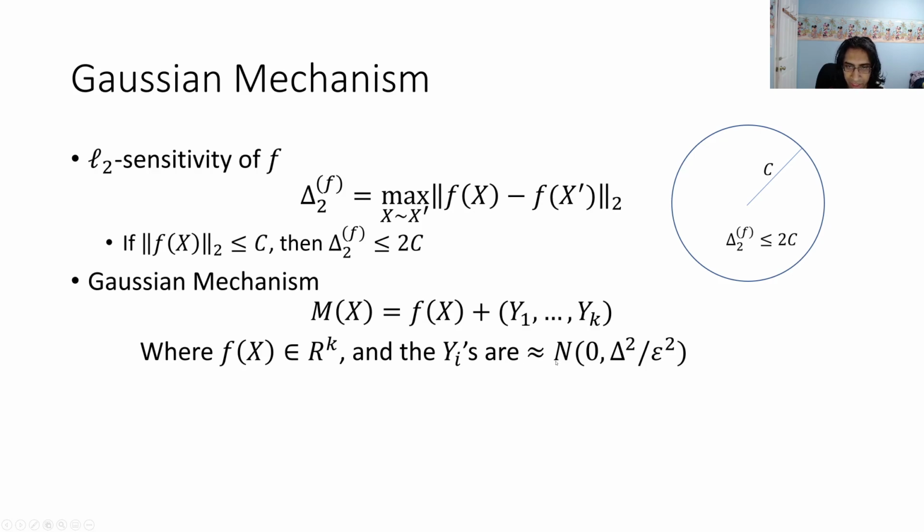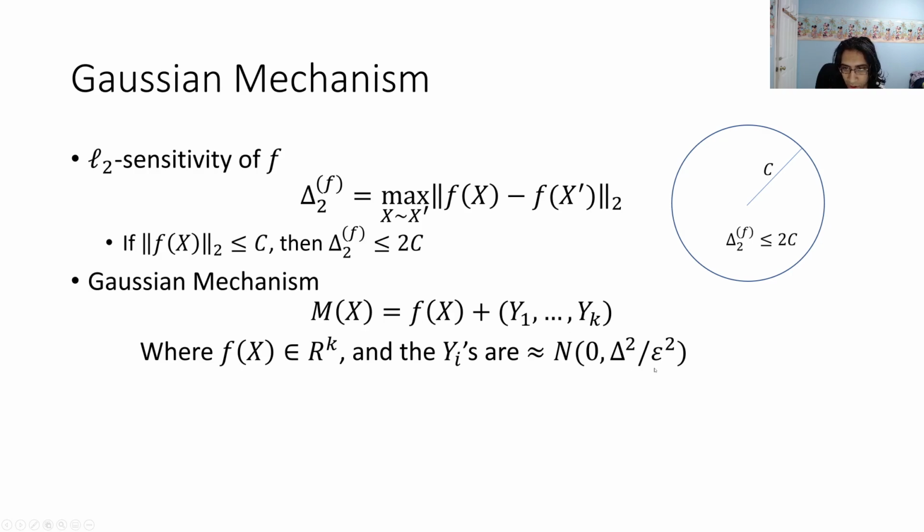How big is this noise? Well, the noise is roughly going to have standard deviation equal to the L2 sensitivity of the function divided by epsilon. That'll be your standard deviation. So the main thing is just appropriately calibrated noise added to each coordinate.